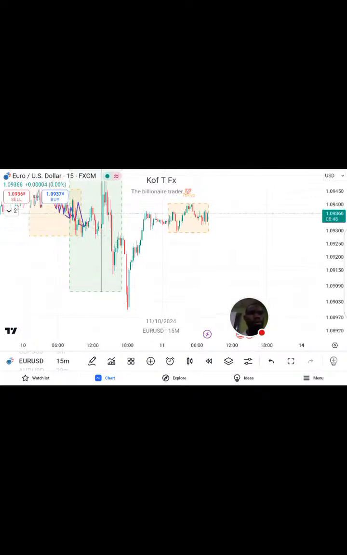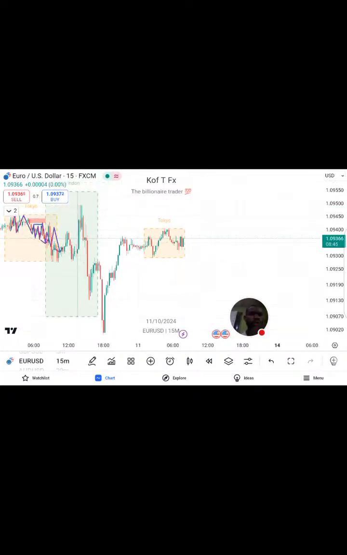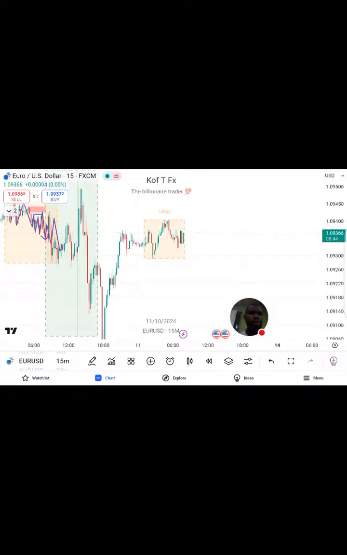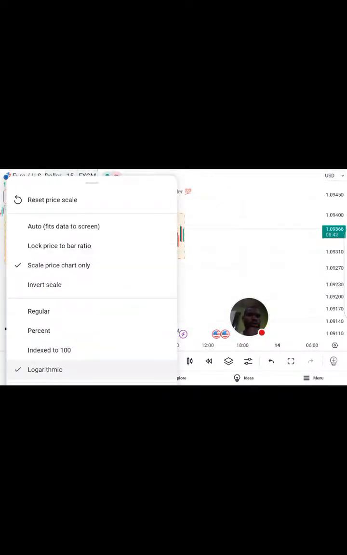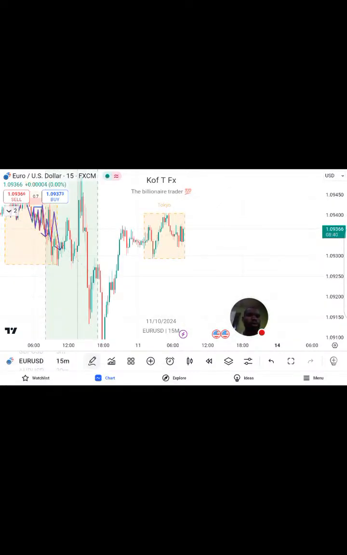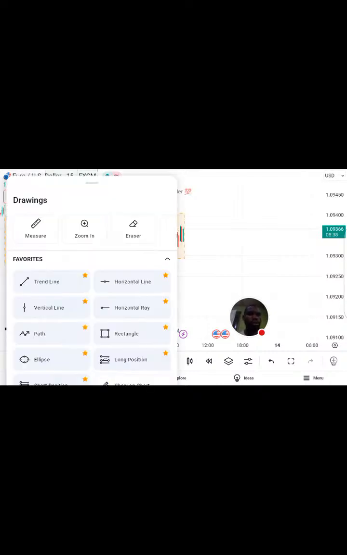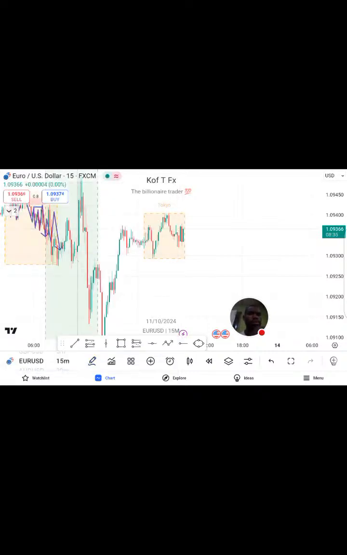Let me go over the structure you can see presently, so we can know whether we have the trade opportunity or not. So I have this.